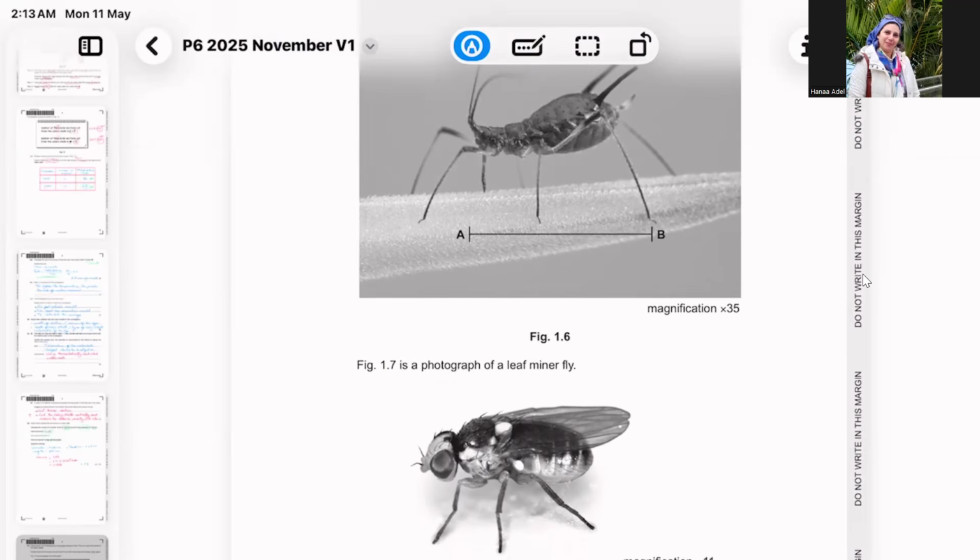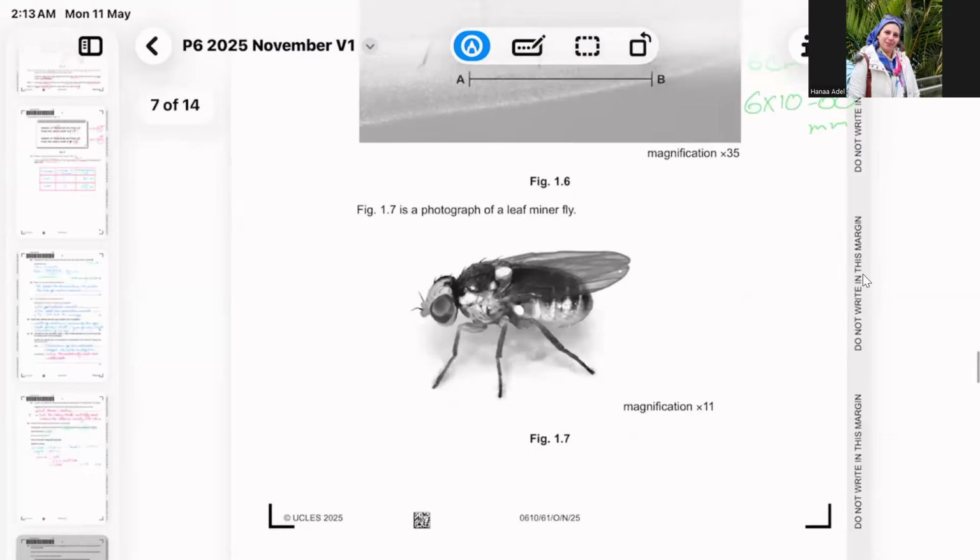So you have to convert it into millimeters. AB equals 6 centimeter, and as 1 centimeter equals 10 millimeter, 6 multiply 10 is equal to 60 millimeter.